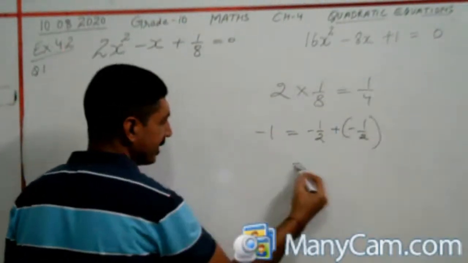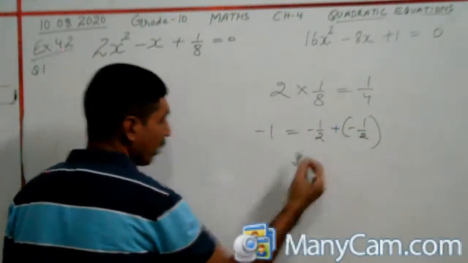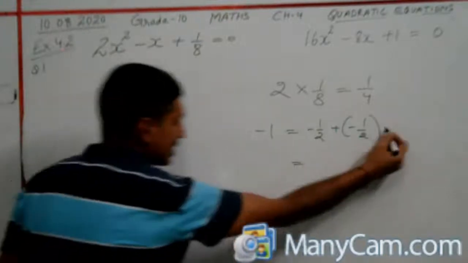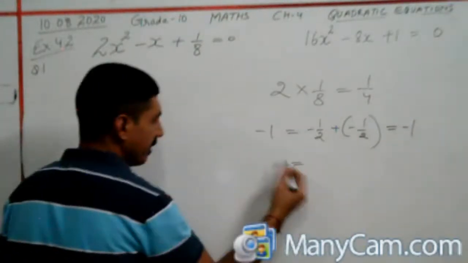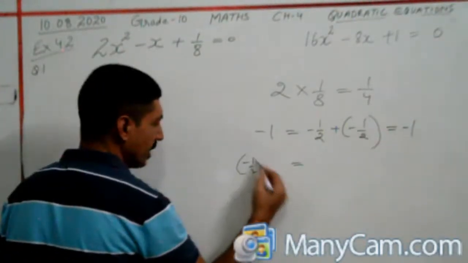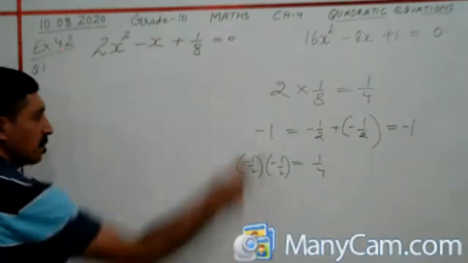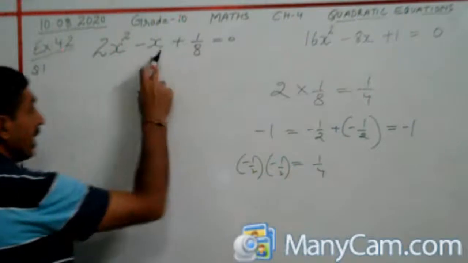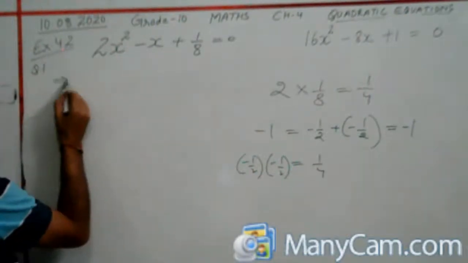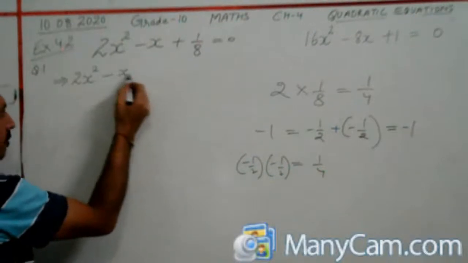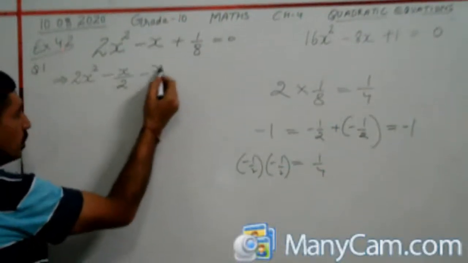When you add, it is minus 1, and when you multiply these two numbers, it is 1 by 4. So I hope a into c and the middle term, minus x by 2, are clear.